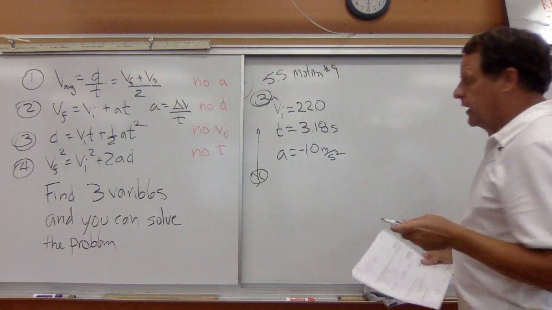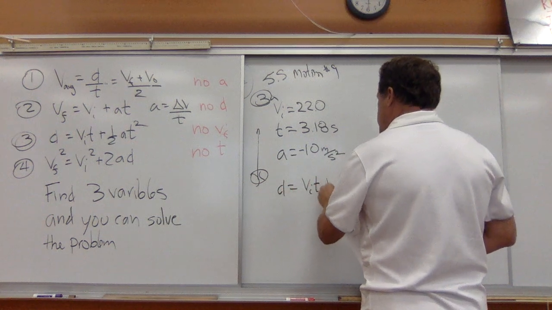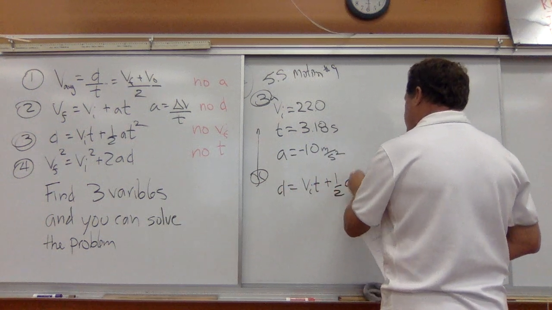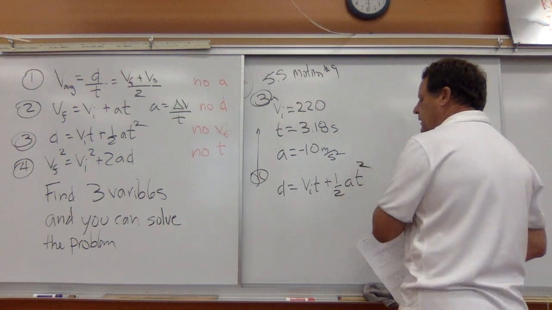So we want to know where it is. That's going to be the displacement. The displacement is equal to V initial t plus 1/2 a t squared.